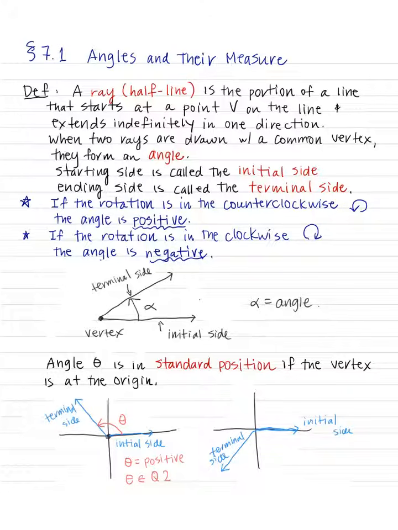Then if we form an angle from the initial side to the terminal side, again, let's just call that angle theta. In this case, since we're revolving clockwise from the initial side to the terminal side, our theta is negative. And theta lies in quadrant 4.